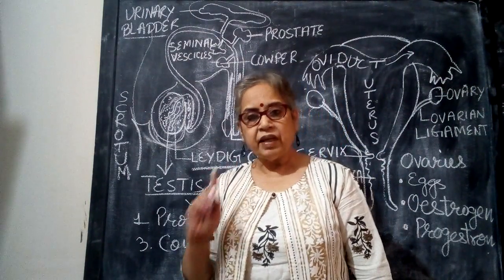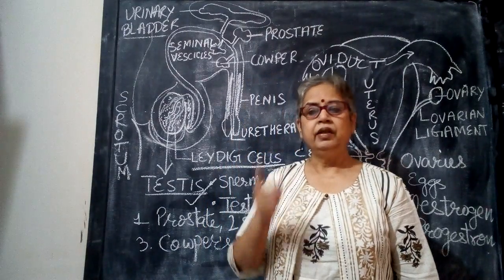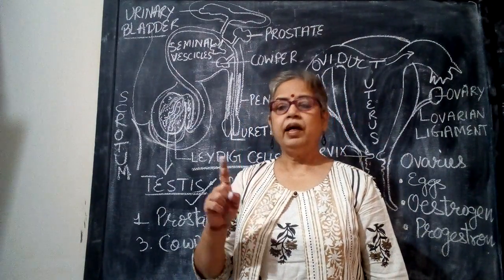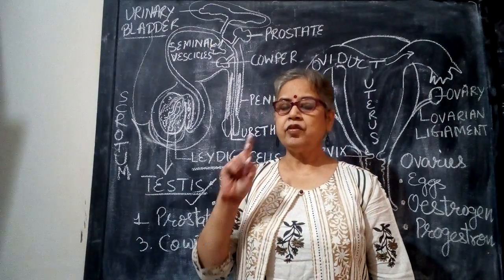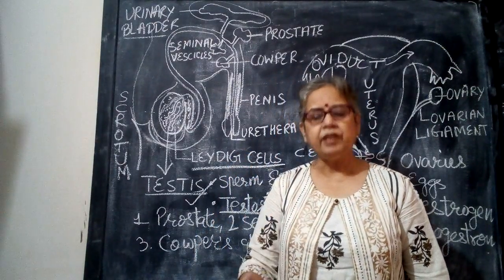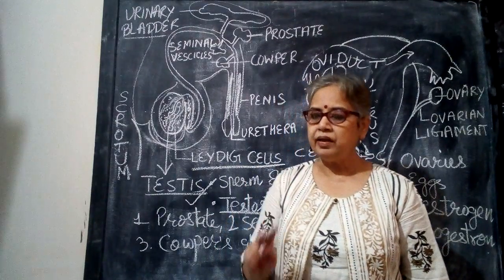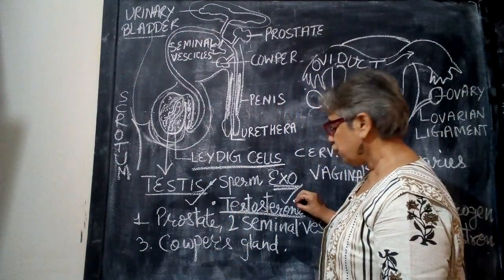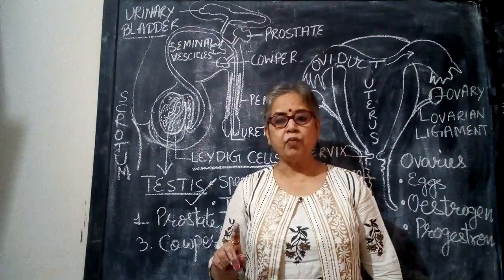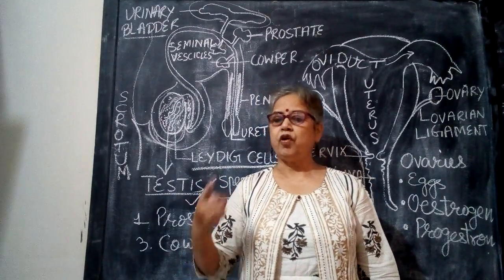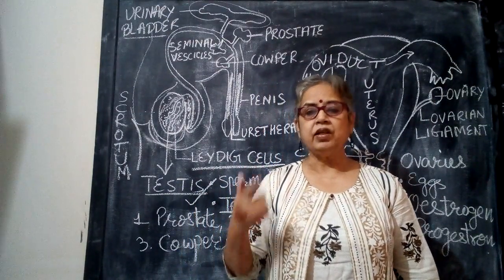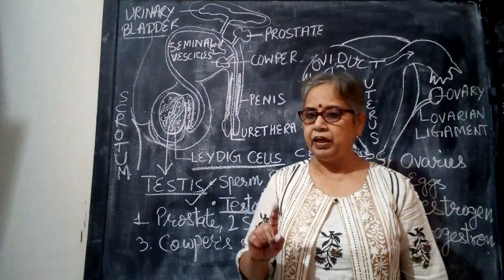Okay. So, testes have a dual function. Number one, it acts as the site of production of male gametes. Number two, it also behaves like an endocrine gland and produces testosterone, male sex hormone, which is responsible for secondary sexual characters in the human male.